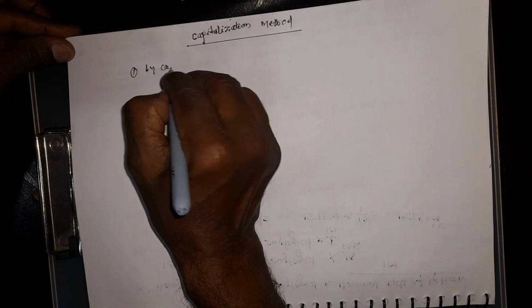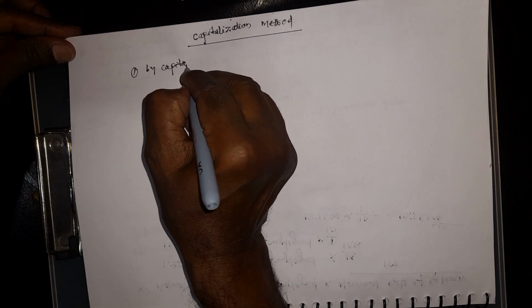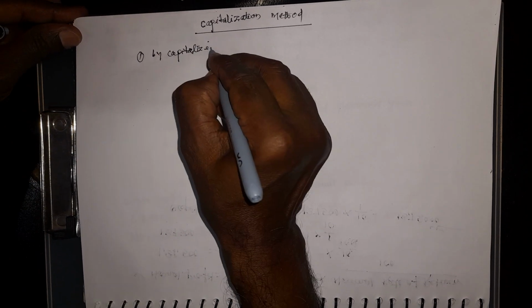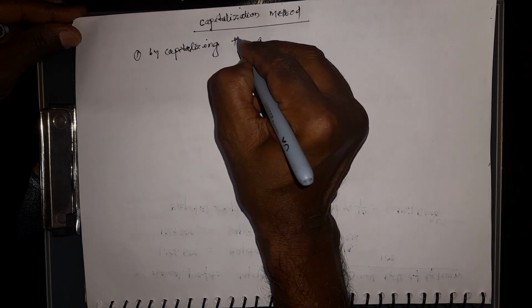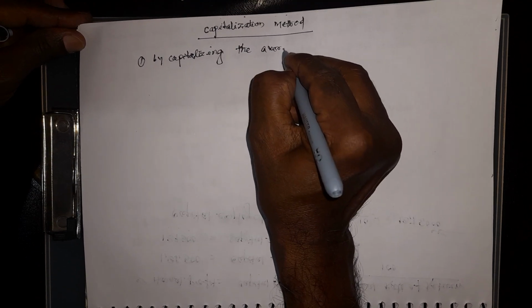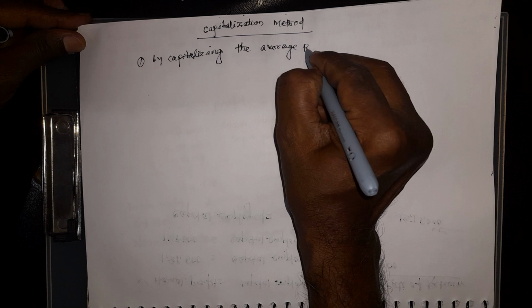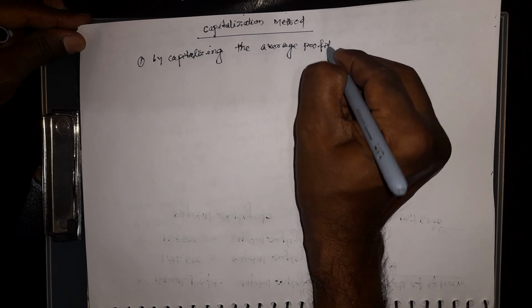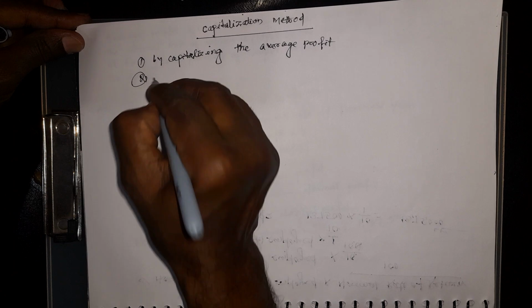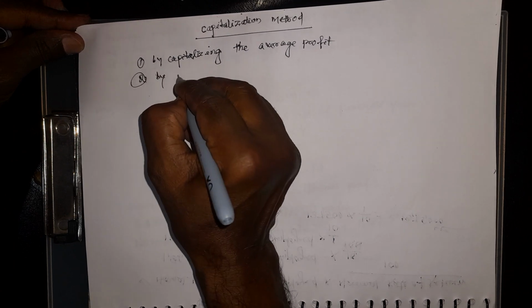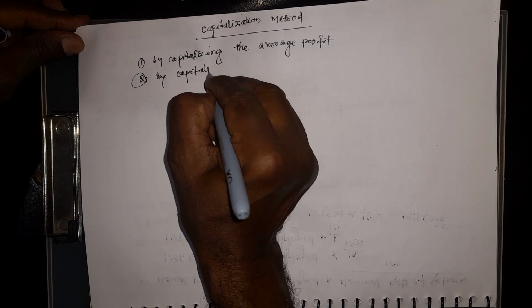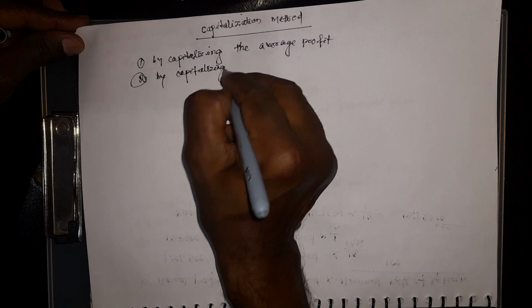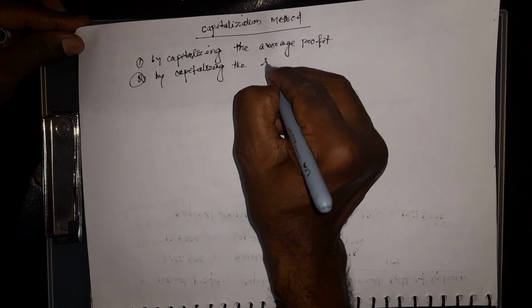First, by capitalizing the average profit, and another is by capitalizing the super profit. These are the two methods.